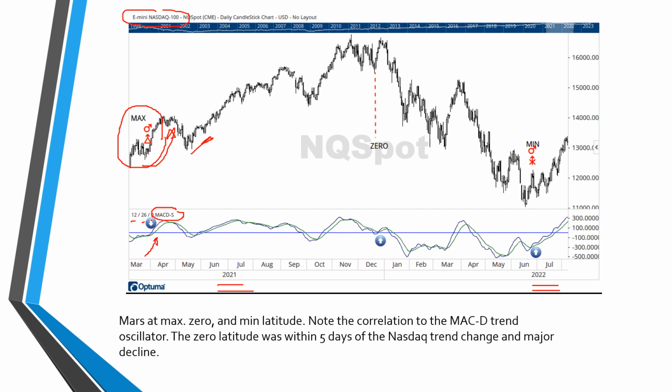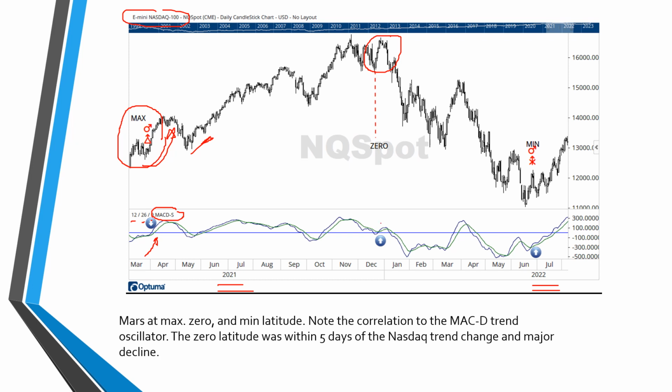So, latter part of 2021, markets are overvalued. The Fed is indicating we're going to start raising rates in 2022. There's a pending invasion of Ukraine by Vladimir Putin. And yet, in fact, yes, the market did reach a significant high and a turning point.